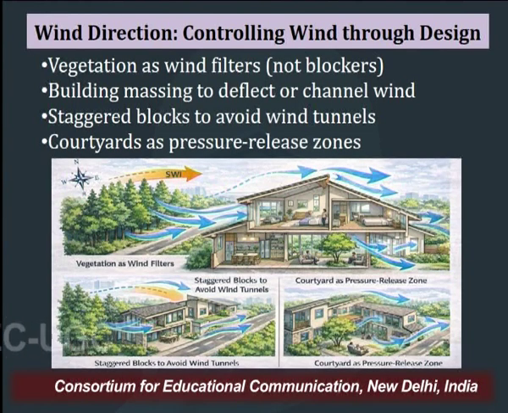Courtyards are another design strategy which helps in releasing the pressure from the winds. As you can see in this sketch on the slide, the trees are acting as wind filters, not as wind barriers.